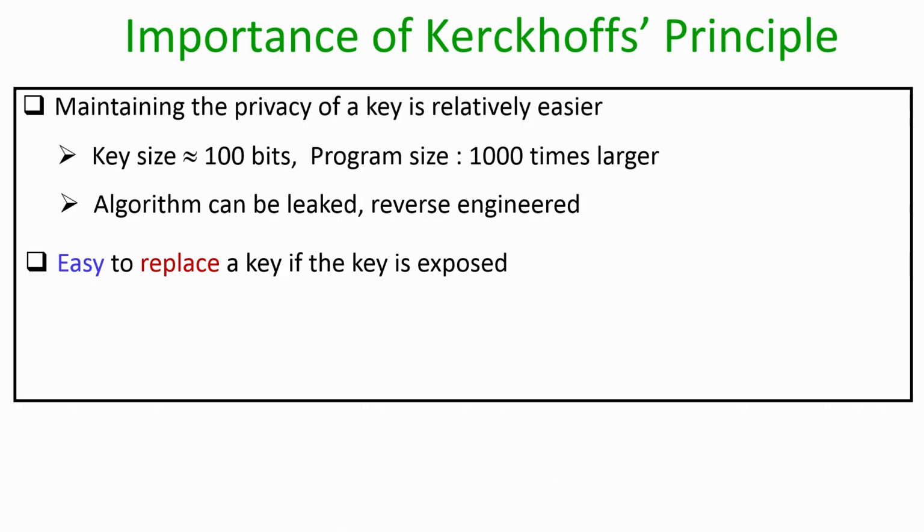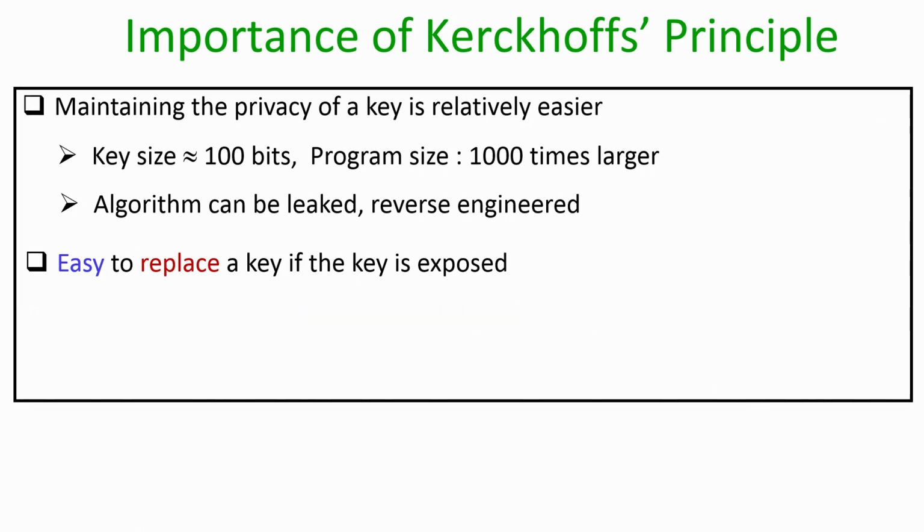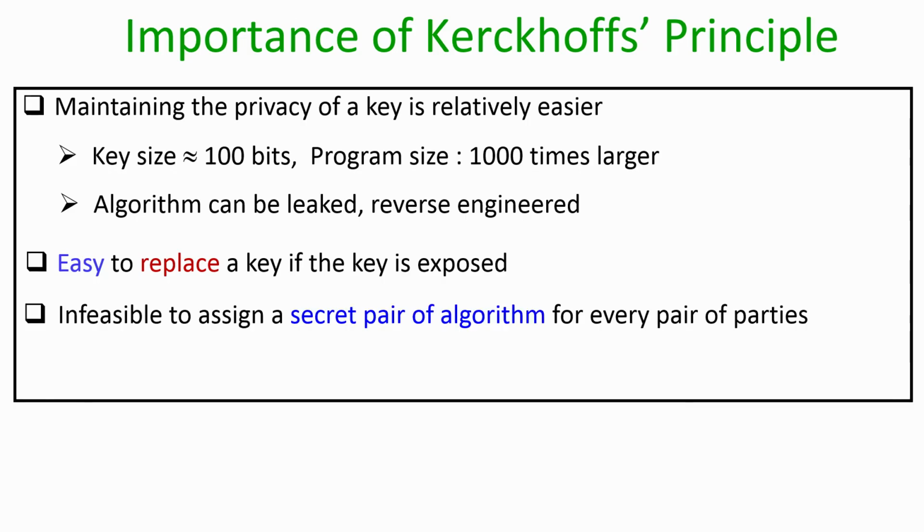Another argument in favor of Kirchhoff's principle is that if your key is leaked, it is very easy to replace a key, because keys are of very short magnitude. Whereas if your encryption process is leaked, it is very, very difficult to come up with a substitute, because as you will see in this course, coming up with a new encryption algorithm is a really challenging task.